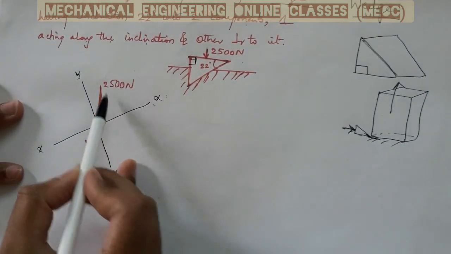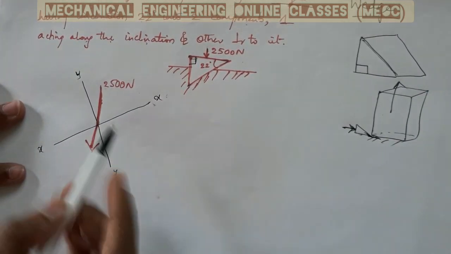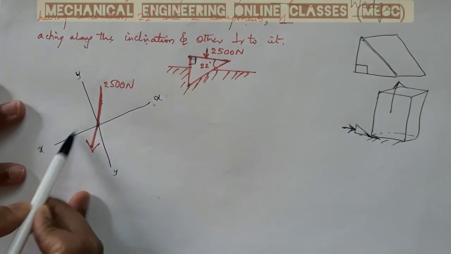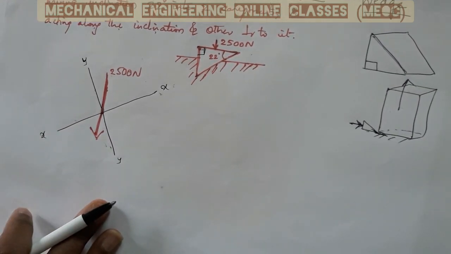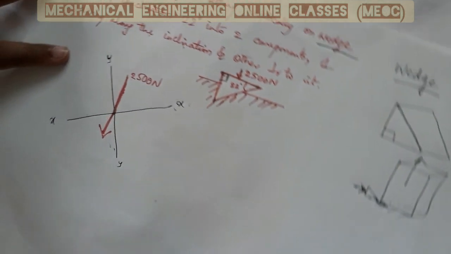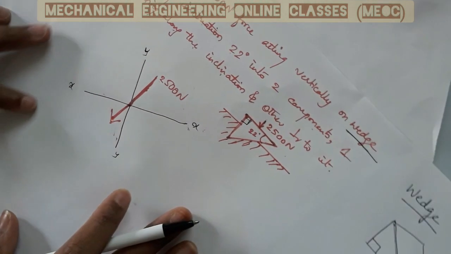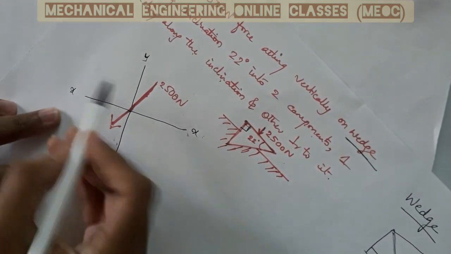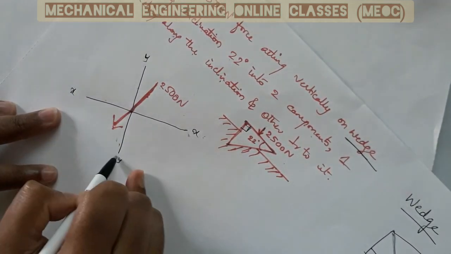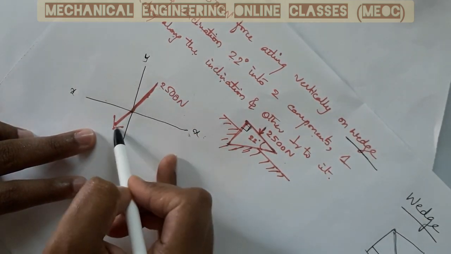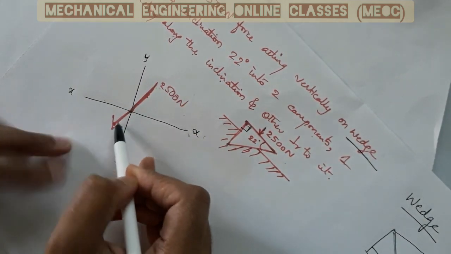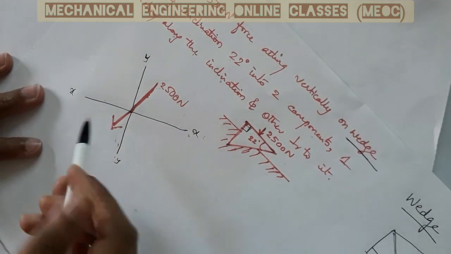I have to split this 2500 Newton into two components, one along the x-axis and the other along the y-axis, as we have already discussed how resolution is done. I am just trying to tilt this. This is our x-axis and this is our y-axis. On tilting, the 2500 Newton force is getting into the third quadrant.